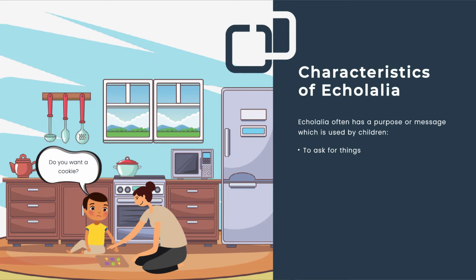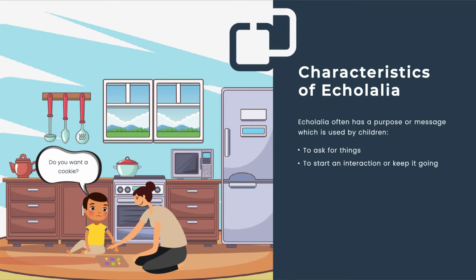That means every time echolalia has some meaning associated with it, unless it is just a verbal stereotype, where the child is just repeating words or sentences. Then to start an interaction or keep it going, for example, are you ready or not? The child is always asking, are you ready or not? This means he wants whatever activity is going on to continue, or he wants to start some game that he has experienced sometime.